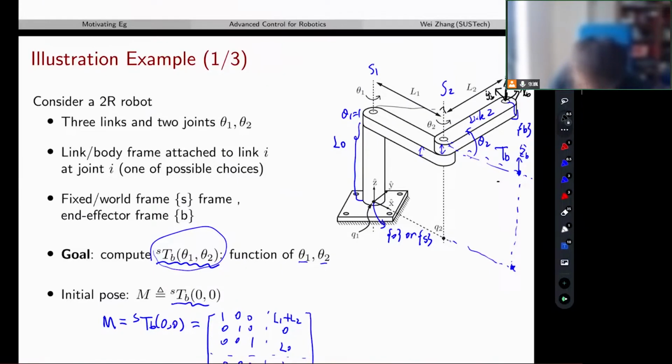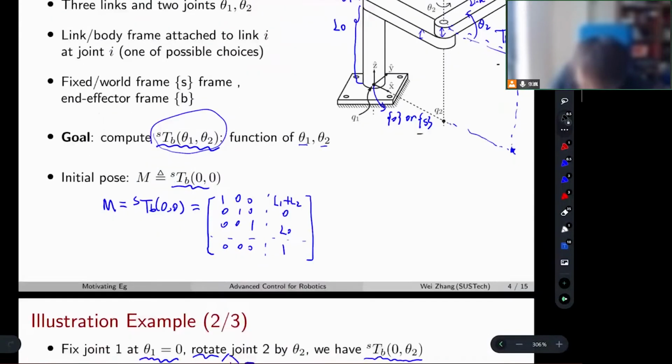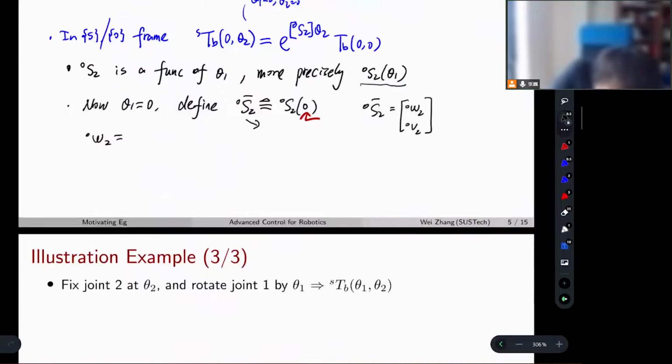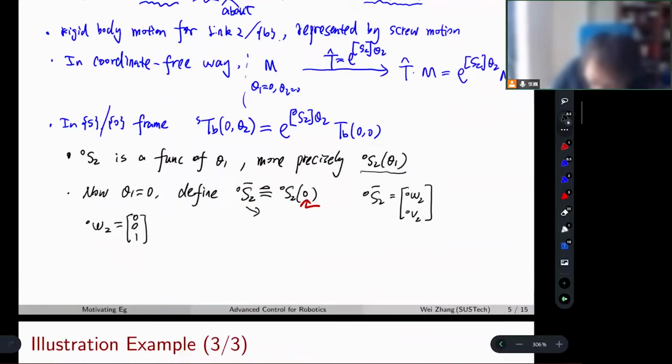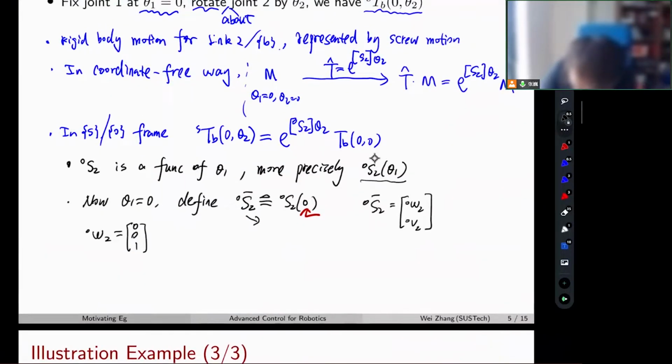In the frame 0, it is 0, 0, 1. I didn't say this hat is still unit, because there are too many bar or hat things and I don't want to overload the notation. Let's assume it's unit speed for now.